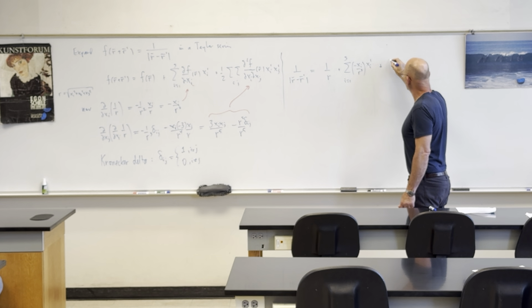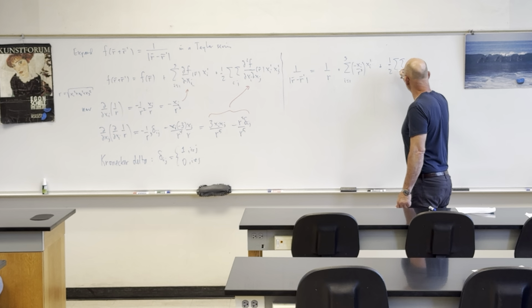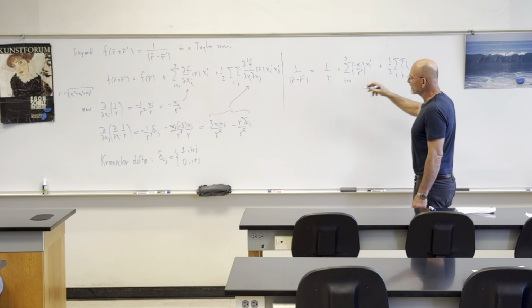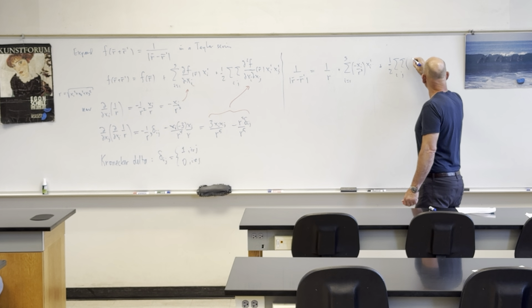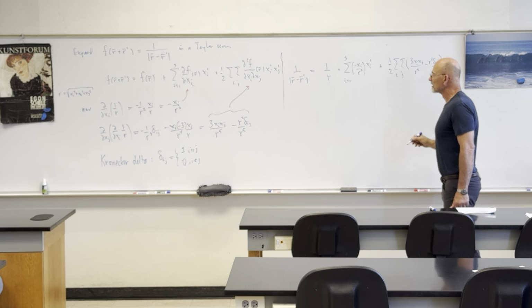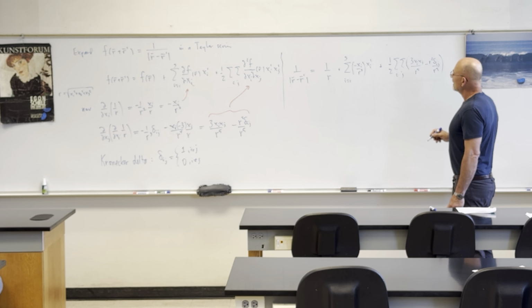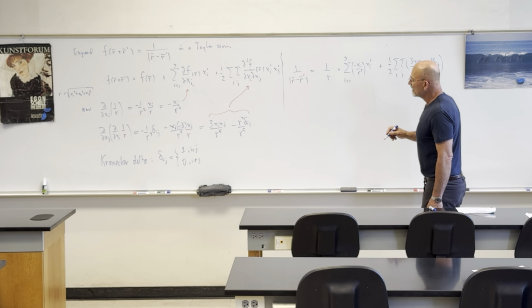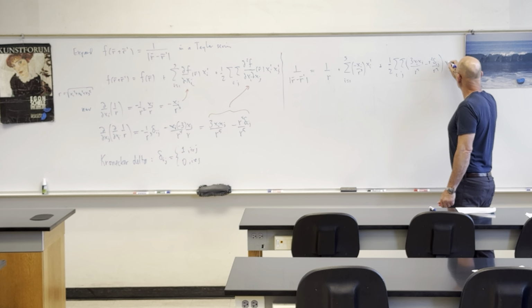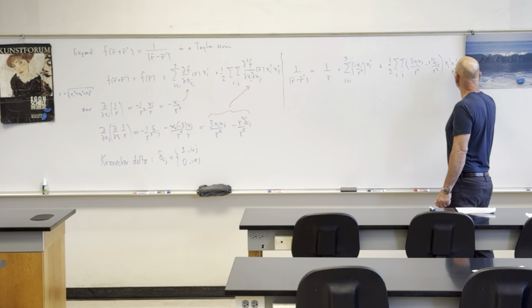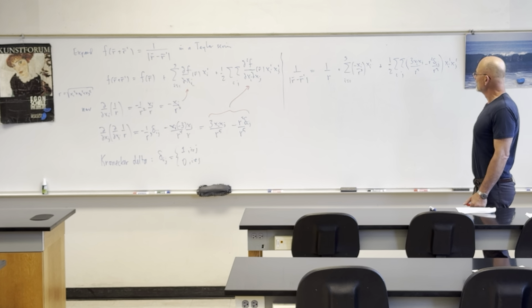And then the last one, 1/2 double sum over i, j, we have to plug this whole thing in: 3 x_i x_j minus delta_ij r squared, over r to the fifth, times x_i prime x_j prime. So we have to do these things.